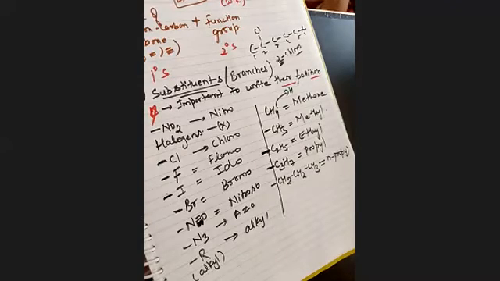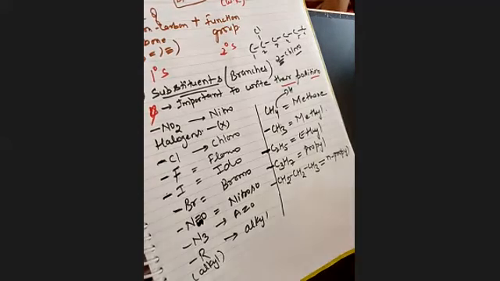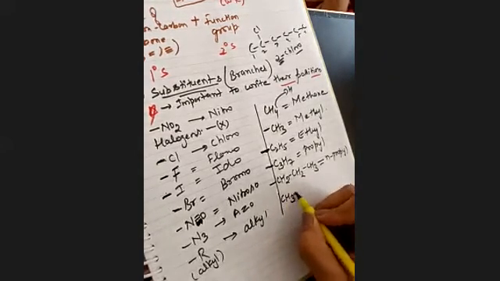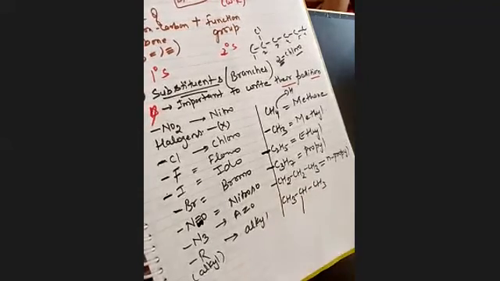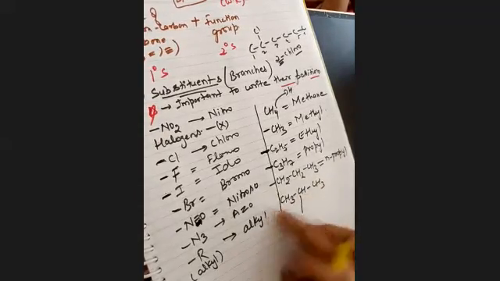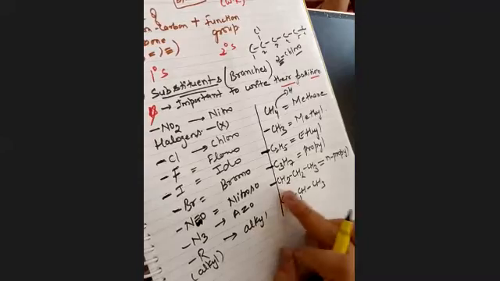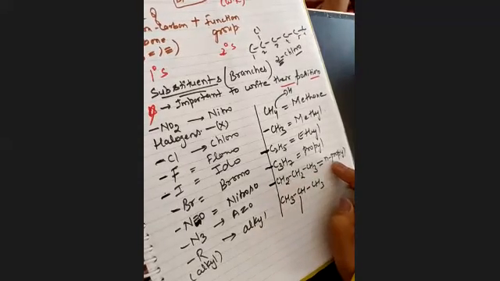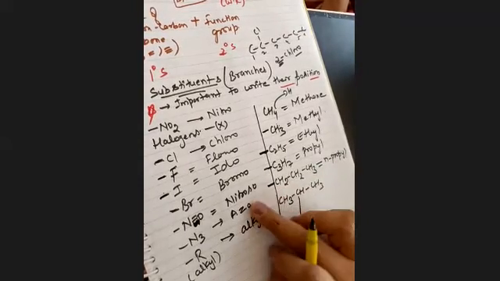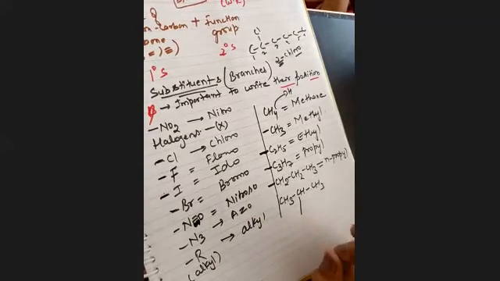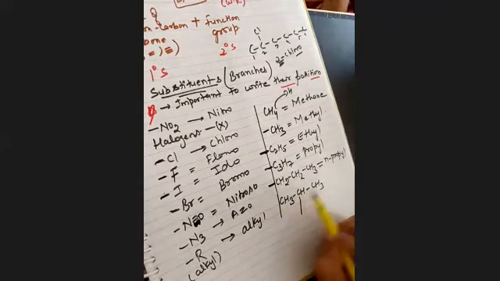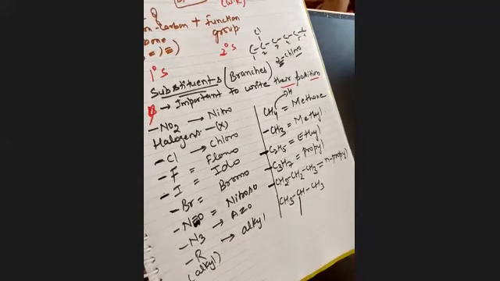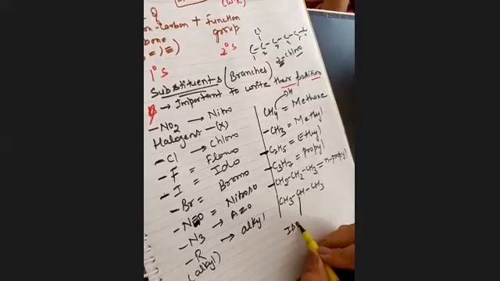But sometimes this chain is attached to the main chain from the central carbon atom. If this propane is attached with the first carbon atom, either this one or this one, then it is known as N-propyl, directly attached to the main chain. But sometimes instead of joining from these two carbons, it combines from the central carbon. At that time, this is known as isopropyl.